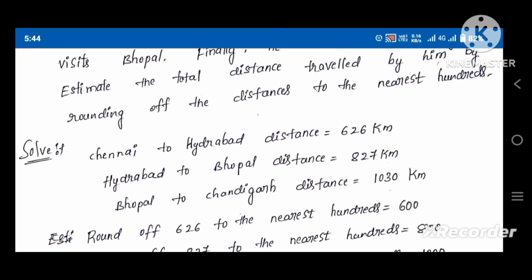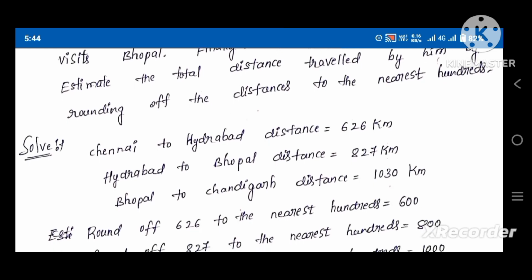Round off 626 to the nearest hundreds is equal to 600.